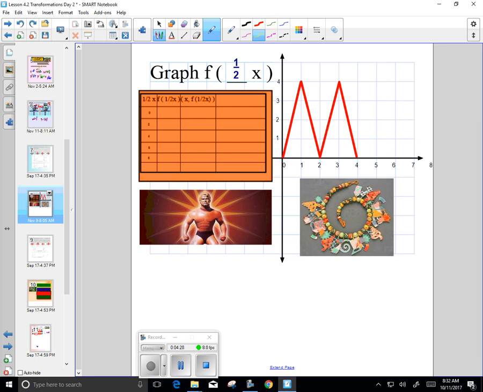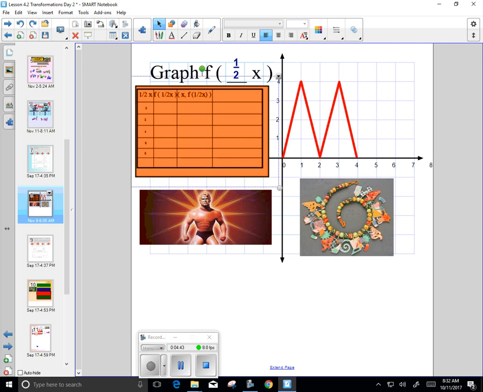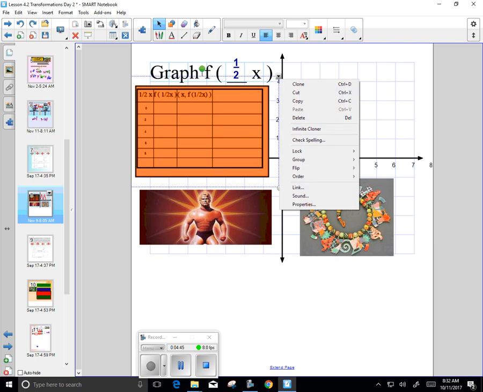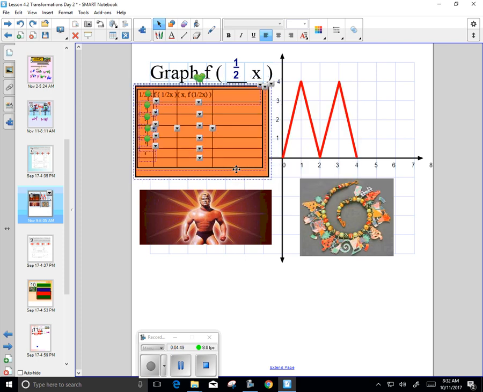So for this thing here, we're going to take the point 0, 0. And so what happens to the x? What happens to the x here? By the way, I think what happened here is I bet, clone. Let's do the ungroup.